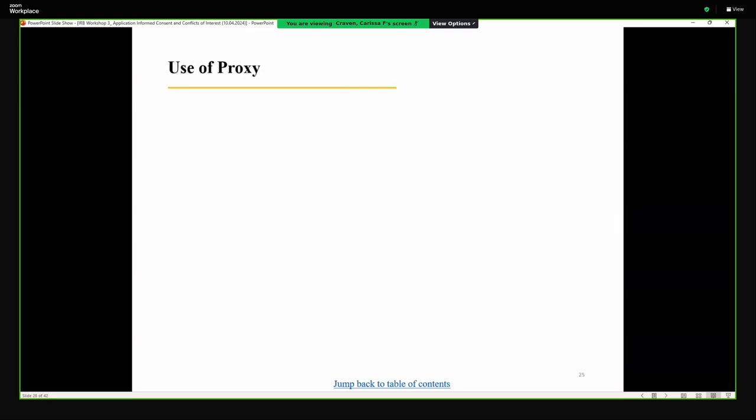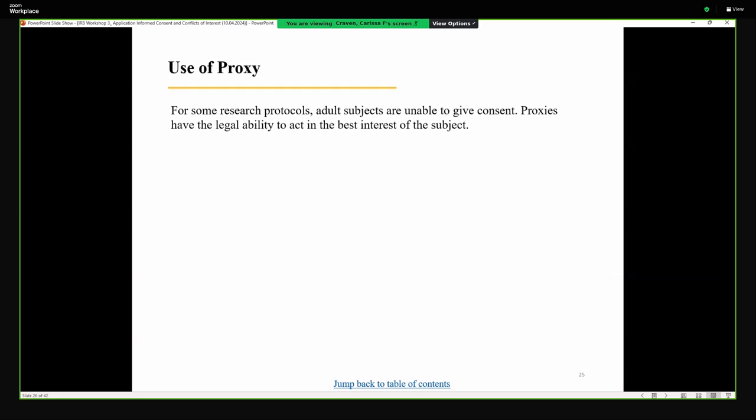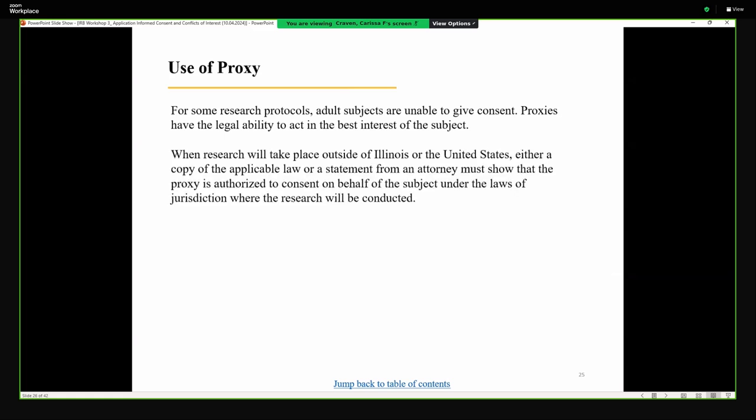Similar to parental assent is the use of a proxy, but this is for adults. There are instances where adult subjects cannot give consent, and proxies are legally authorized individuals who can act on that adult's behalf. Currently, we live in Illinois.